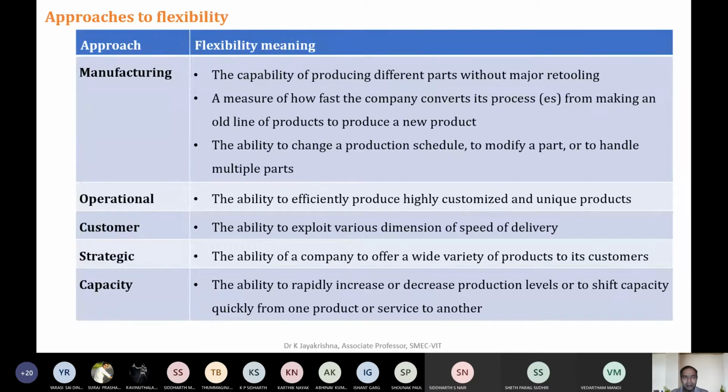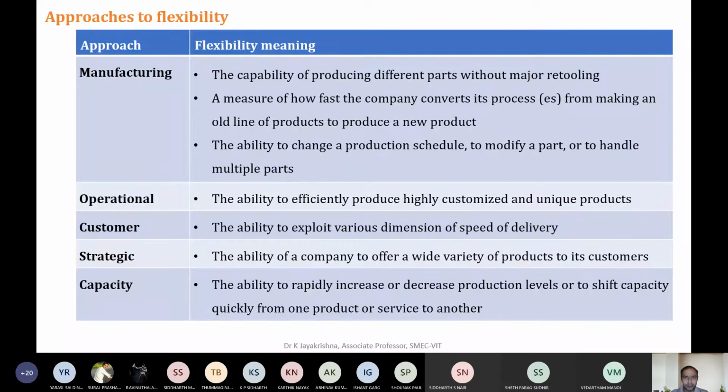For example, in manufacturing, if you're trying to produce different parts without changing much of the tooling, here I mean the tools which are required to manufacture the product. Okay, so if you are able to manufacture more number of products using the same tools which are available to you, then we call that flexibility in manufacturing.